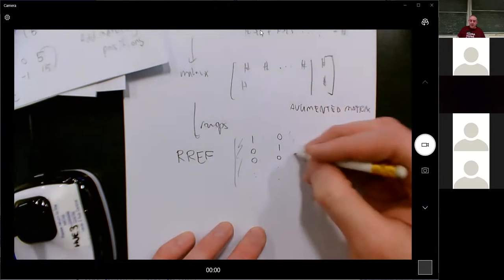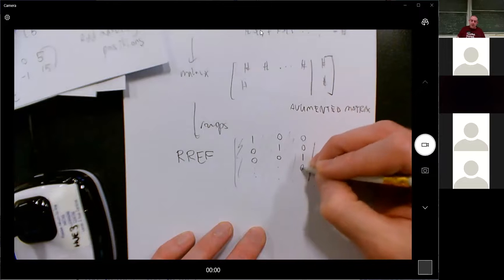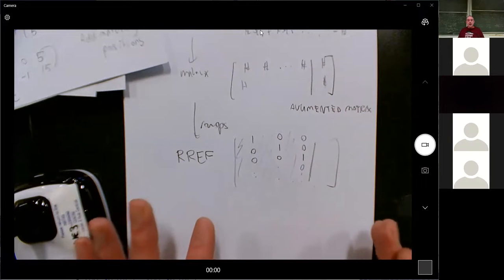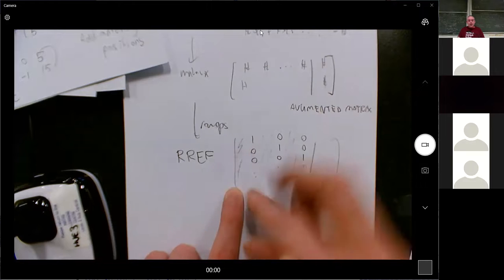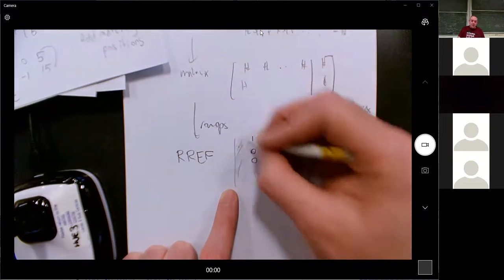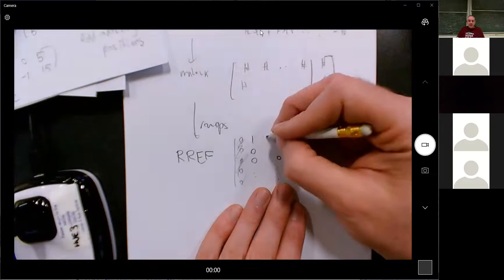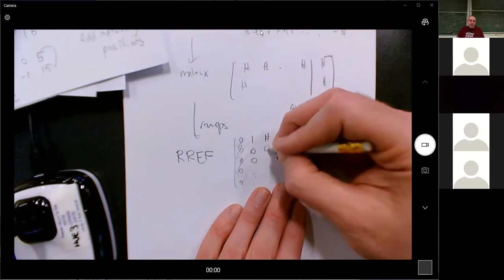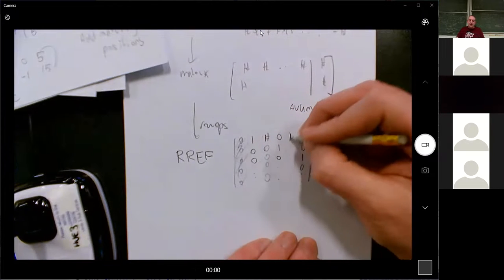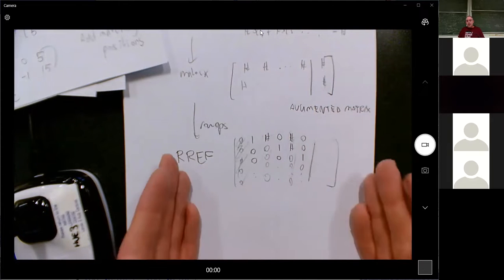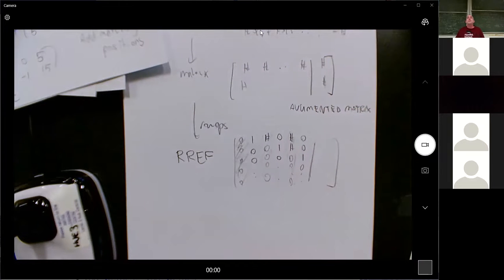And sometime after that, there will be the third column of the identity matrix, and so on. That's what it will do. It will continue that way. And before this one, the only thing that's allowed to be in this spot is columns made entirely of zeros. And the only thing that's allowed to be in this spot is any number here, but the rest of them have to be zeros. And you can have any numbers in these spots, but the rest of them have to be zeros. That's what a reduced row echelon form looks like.